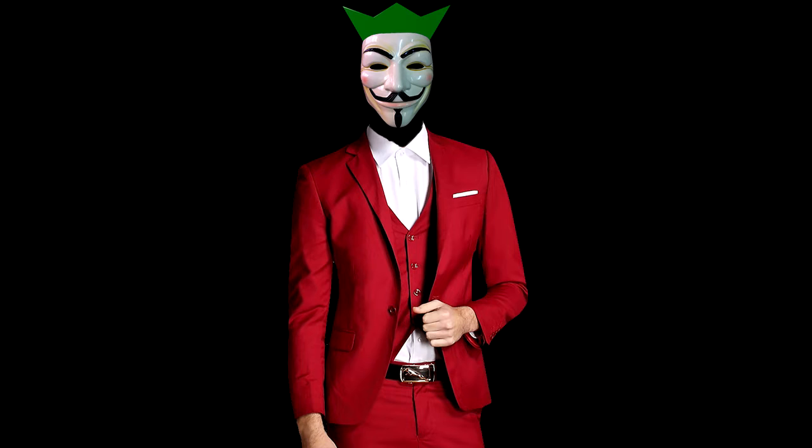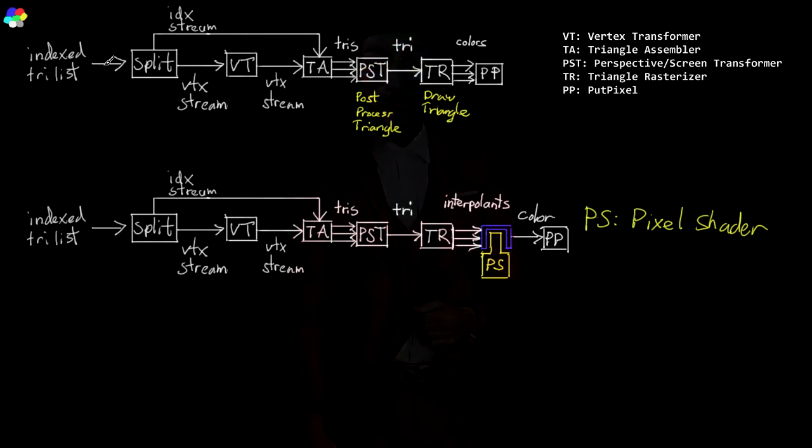Now, you might be wondering, well, Chili, I've heard a lot about this pixel shader, but what is it anyways? So let's take a look at our pipeline diagram here. And specifically, you want to look at the end of it. So you've got the triangle rasterizer unit here, and that corresponds to the draw triangle function in our pipeline class.